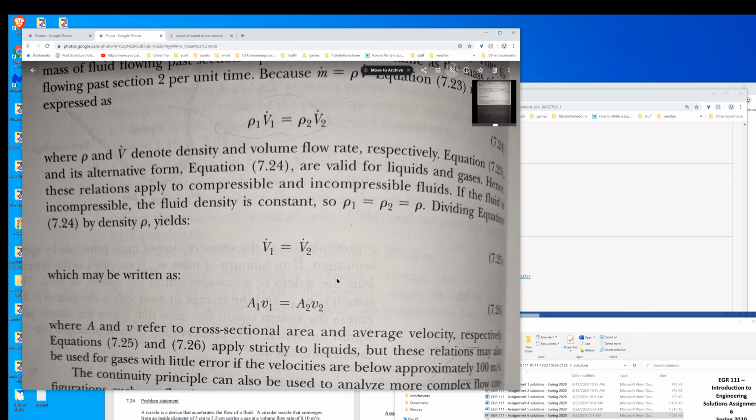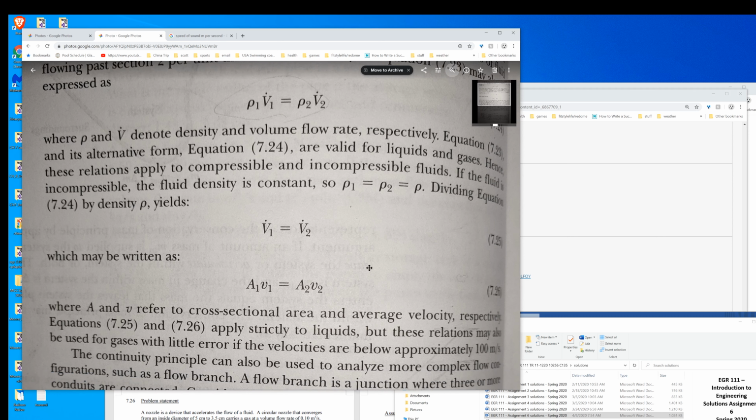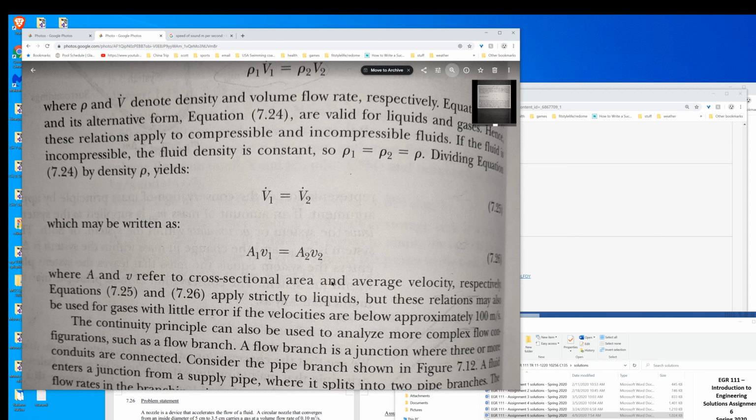Now, in this case, it says it's a gas, so it actually could be compressible. But there's one little note the author puts here, and the basic idea is that if the velocities are below 100 meters per second, you can essentially assume that it's incompressible, at least when it's going through a nozzle.